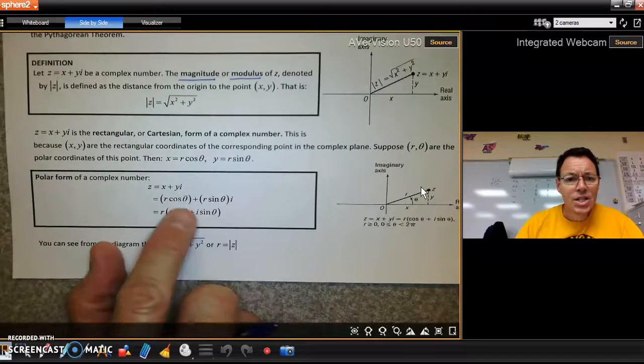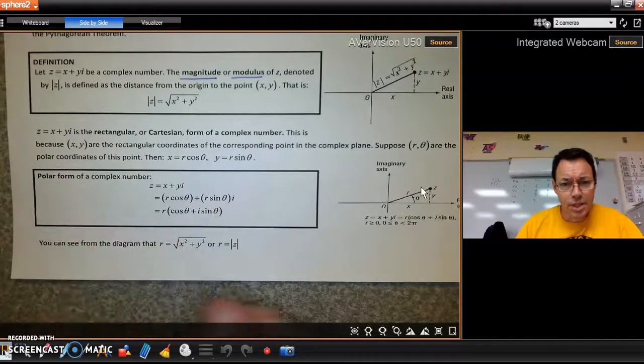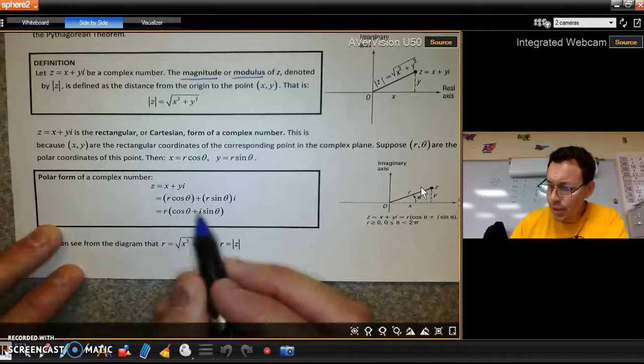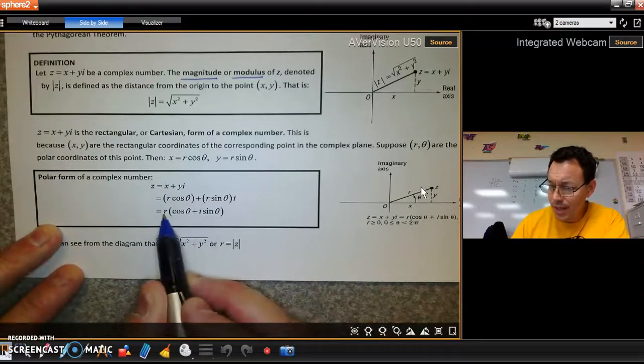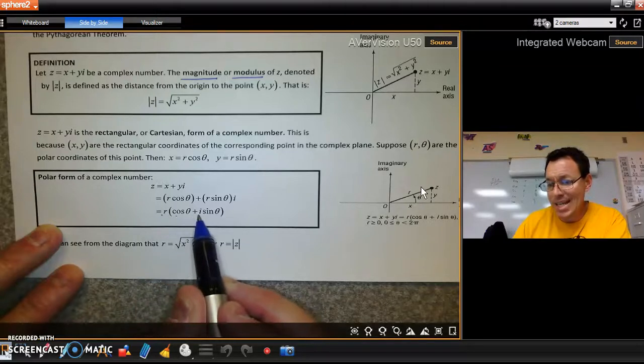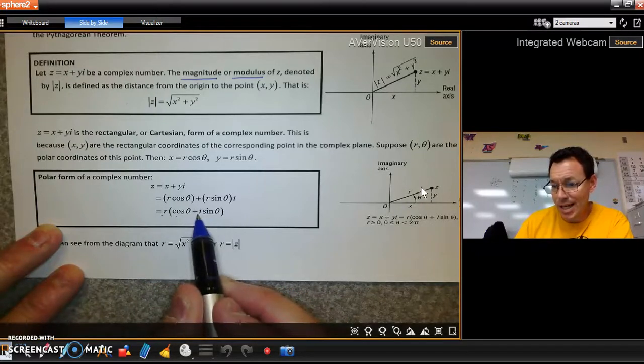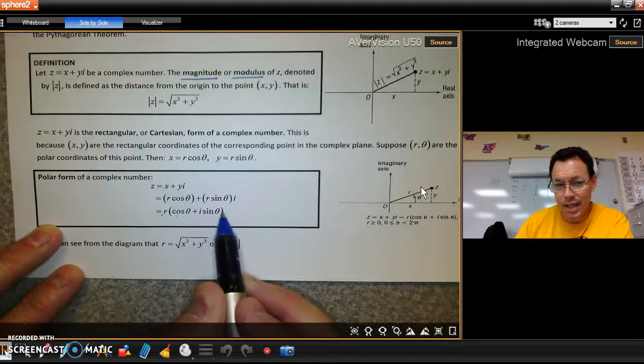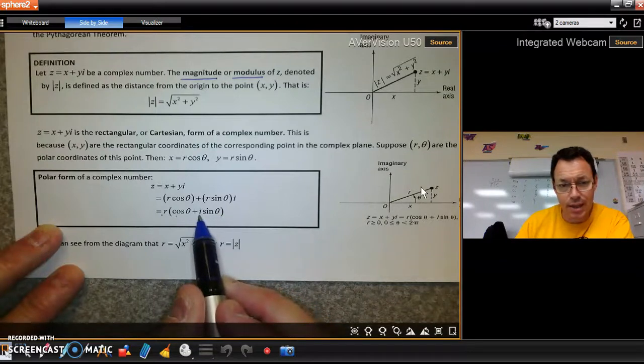And then, just for simplification purposes, they rewrite this. They take the r and factor it out, and you get r, and then in parentheses, cosine theta plus i sine theta. So they put the i in front of the sine so it doesn't get lost in the problem. So they put the i right here.